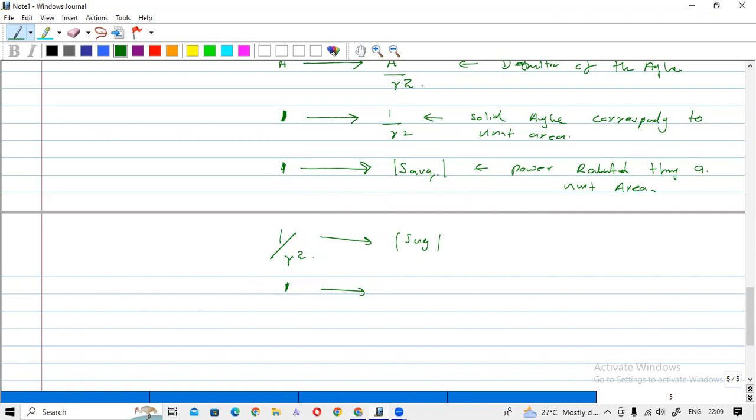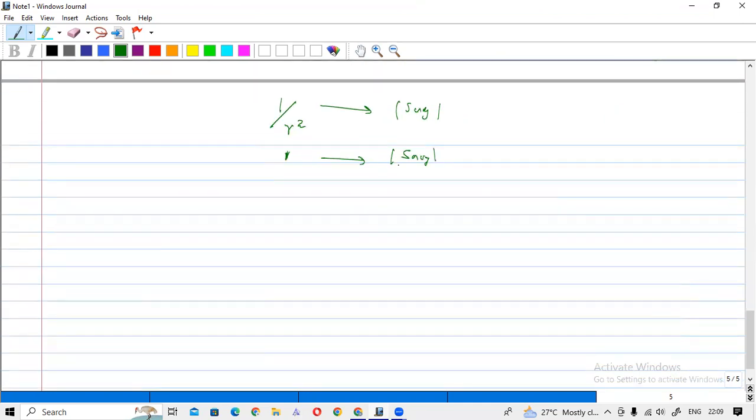In the same manner, you have to divide this S_AVG magnitude also by 1 by r square, so you will get r square times the S_AVG magnitude. So what is this?